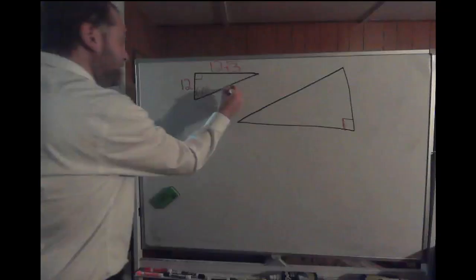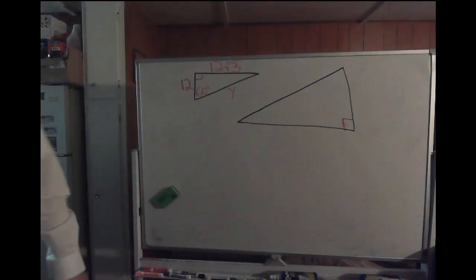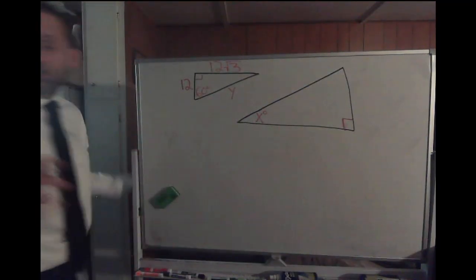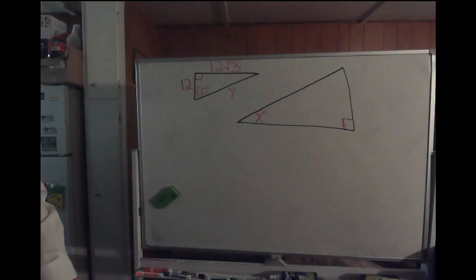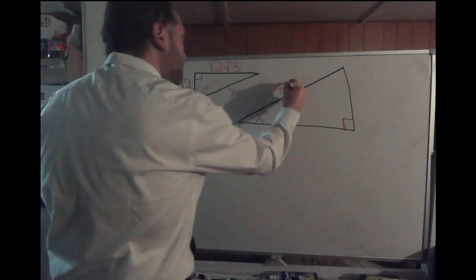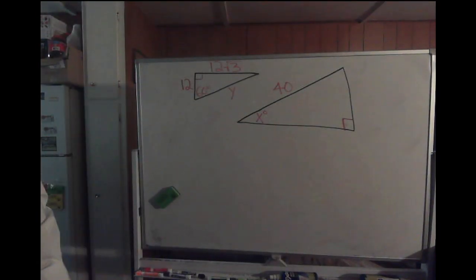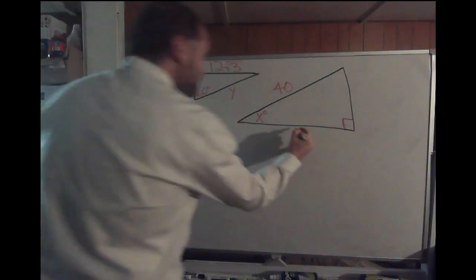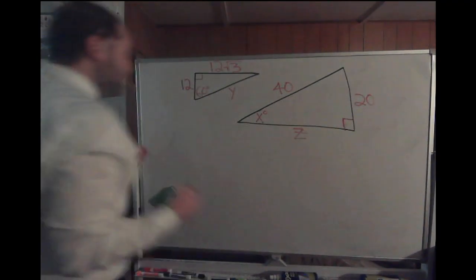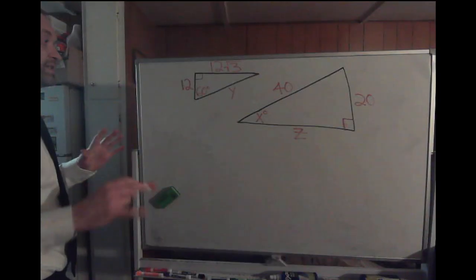Alright, this has a length of y. This is x degrees, so we're actually going to solve for degrees for x. So this has a length of 40. Alright, z and 20. Okay. So we've got all our parts and pieces labeled.